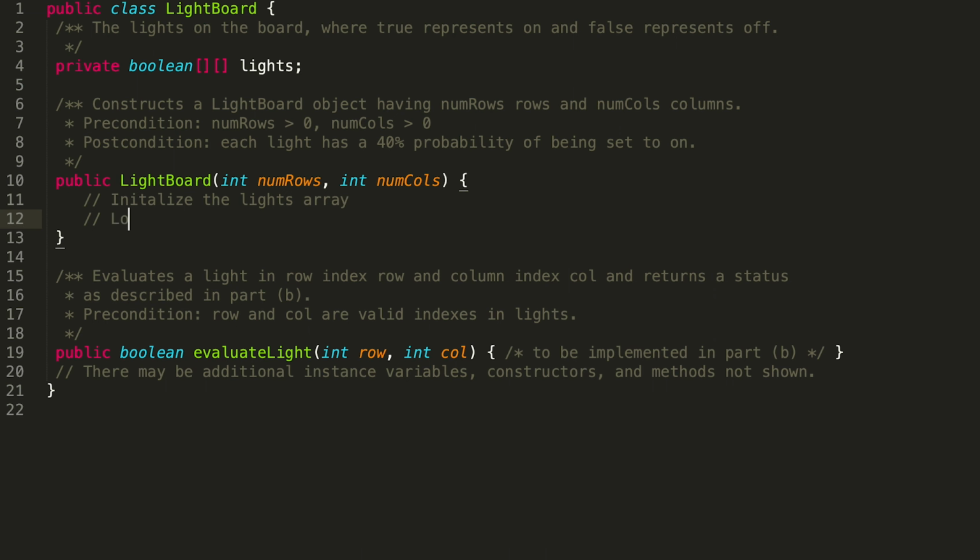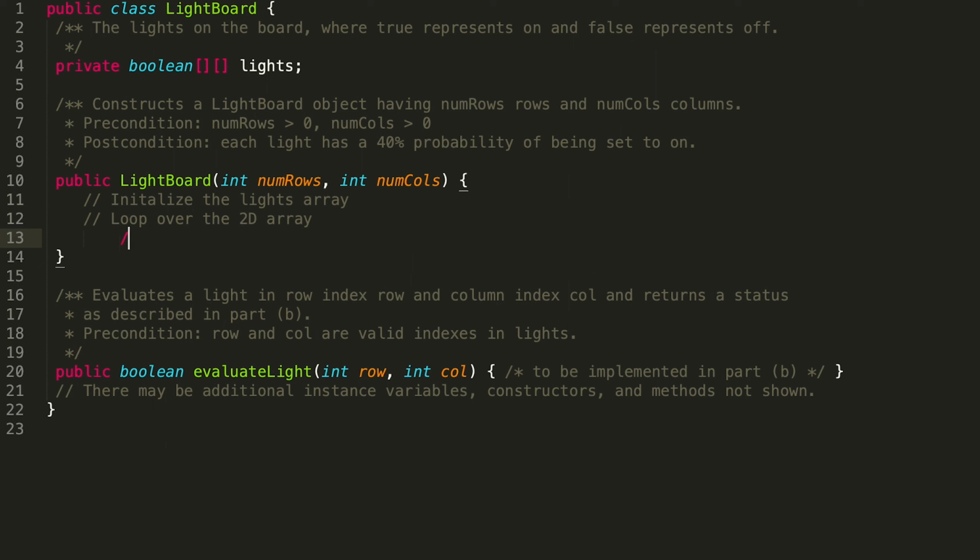So we're going to want to loop over the 2D array, and for every single value inside of every row and every column, determine whether the light should be on or off. So for every light on the board, calculate the probability of it being on.